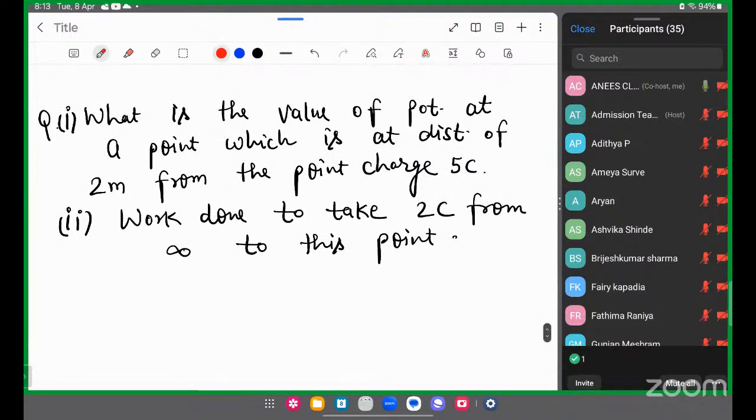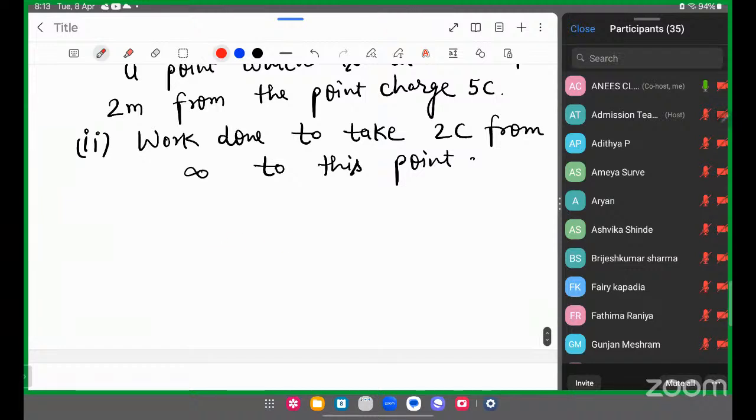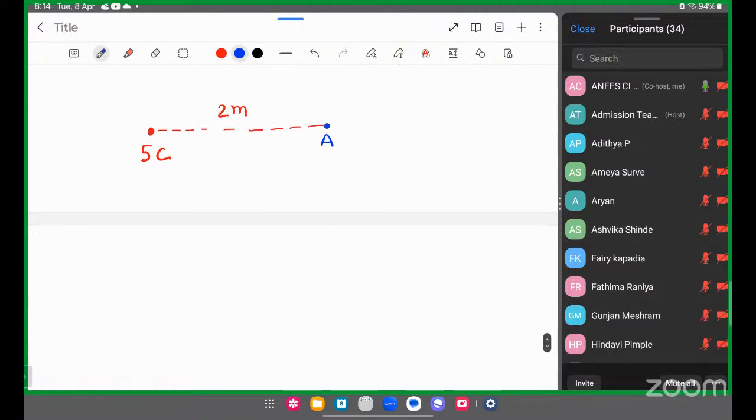Okay, so let me picturize it. Let's say there is a point charge 5 coulomb and there is a point 2 meters from this charge. Let's say the name of the point is A. This is point A. First part is, we have to find the value of potential at this point. So what will be the formula for potential at point A?